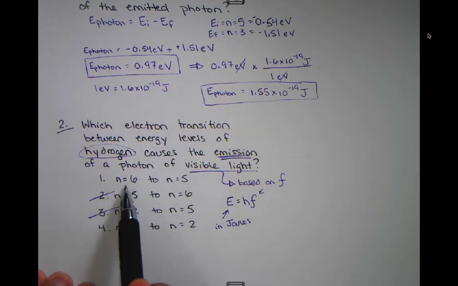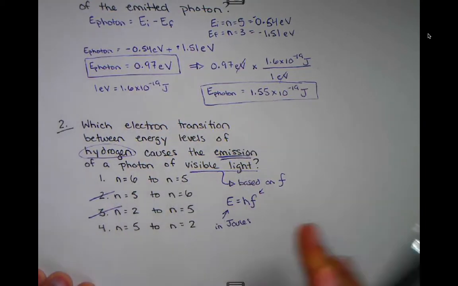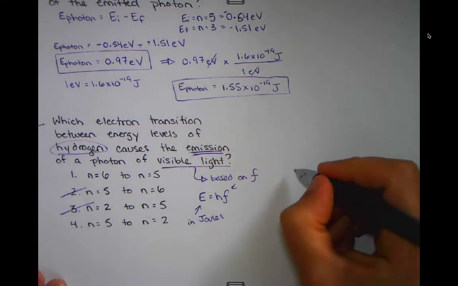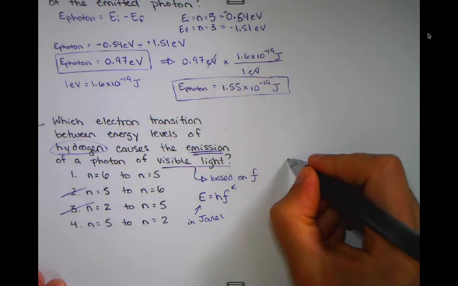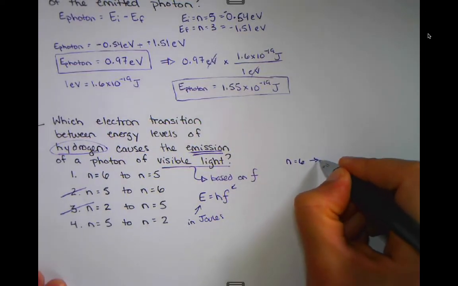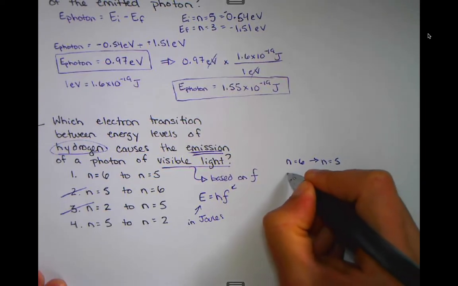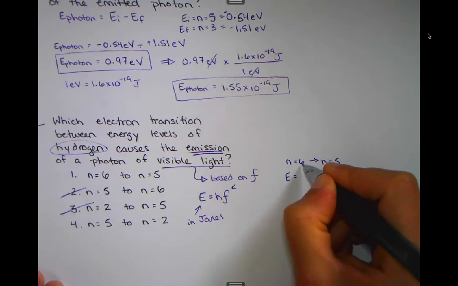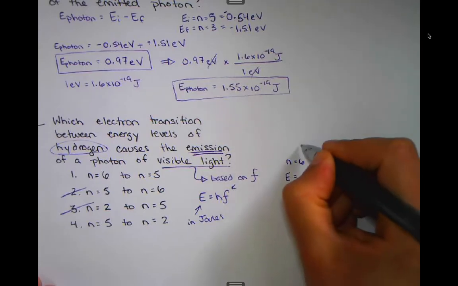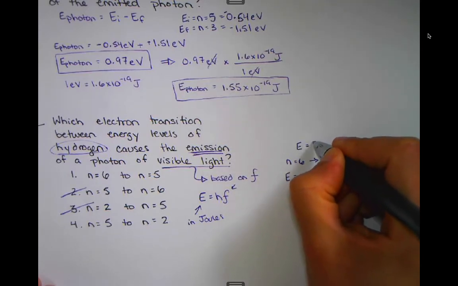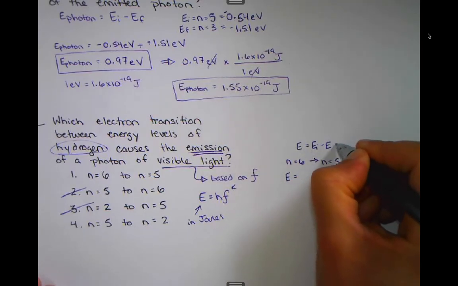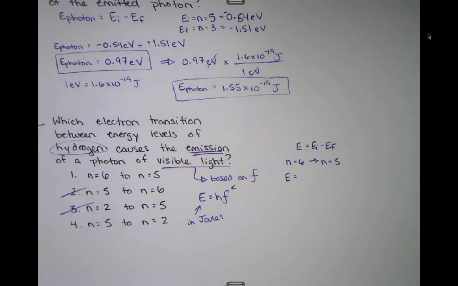I'm going to start with number 1. If we go from n equals 6 to n equals 5, the energy of my photon is going to be E equals initial minus final.